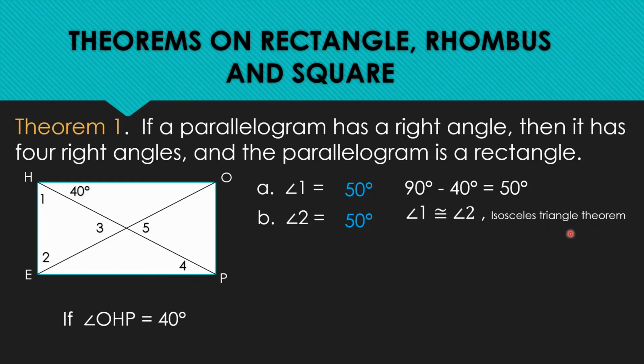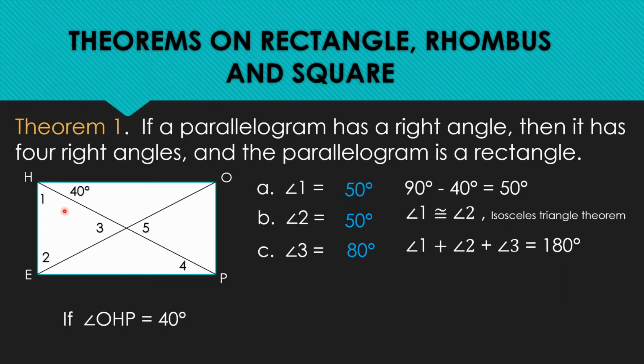Do you remember the isosceles triangle theorem? In an isosceles triangle, you have two equal sides so that you have two congruent base angles. That is the isosceles triangle theorem. Angle 3 is 80 degrees. Why? Because angle 1 plus angle 2 plus angle 3 is equal to 180 degrees.